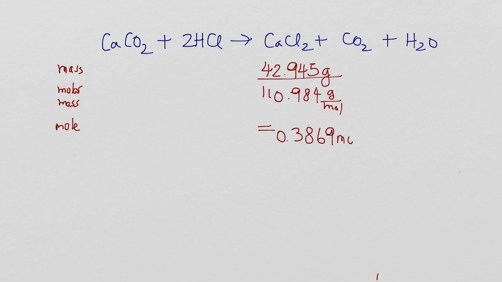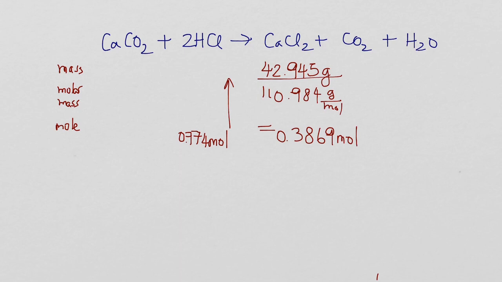and so that is equivalent to 0.3869 moles. If this is the amount we need to make, then we should have 0.774 moles of hydrogen chloride. I'll make this mole ratio more clear.